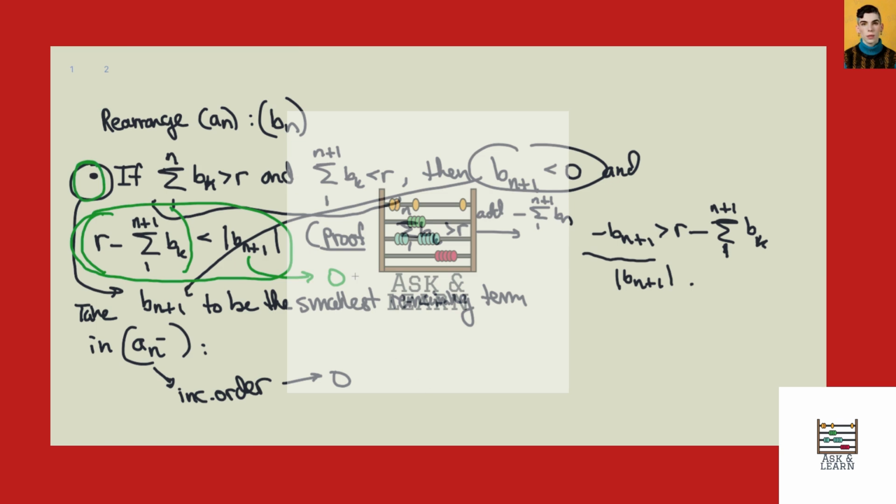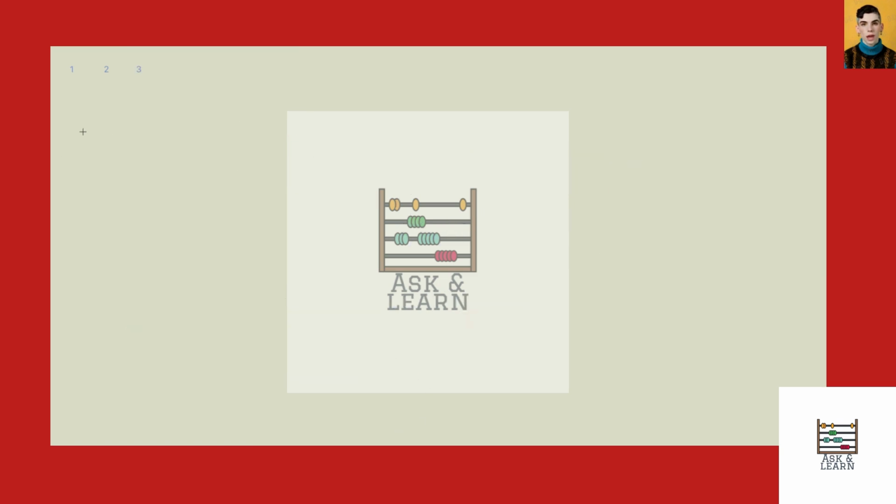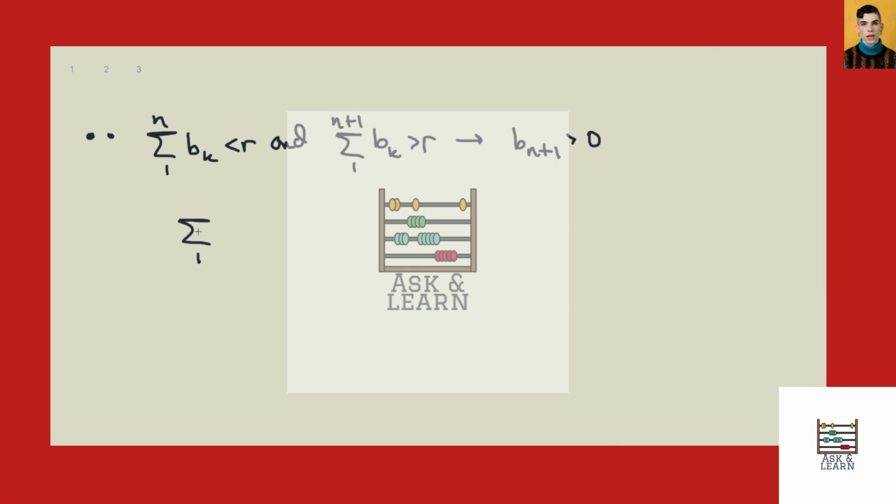So let's go on to the next page. So this is the other case where you sum n of the b's and you get less than R, but then you include one more term, and it's bigger than R. So in here, this must mean that b_{n+1} is positive, and it also means this is a positive number because of this.